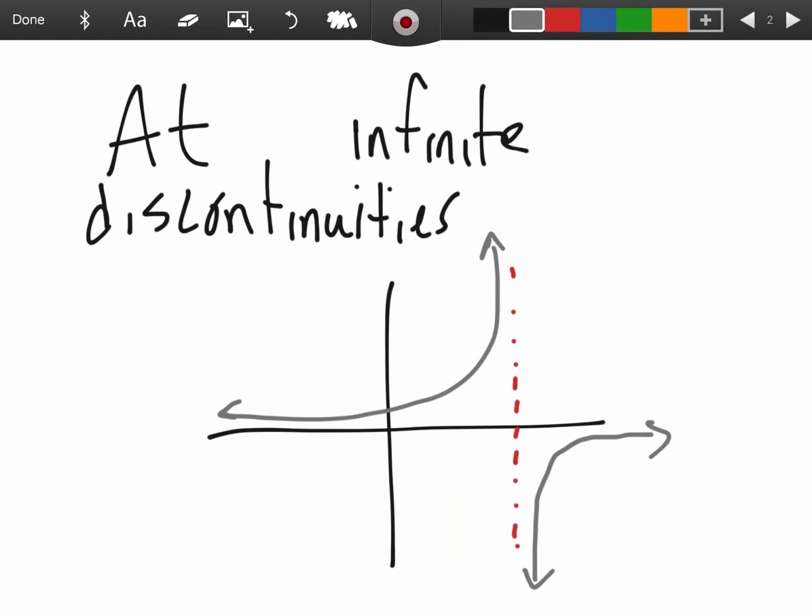So at these infinite discontinuities, as I start to approach the vertical asymptote, as I approach the x value of the infinite discontinuity, I know that I'm either going up to positive infinity or down to negative infinity. So the question is, how can I find if I'm going up to positive infinity or down to negative infinity? How do I know which one I'm going towards?